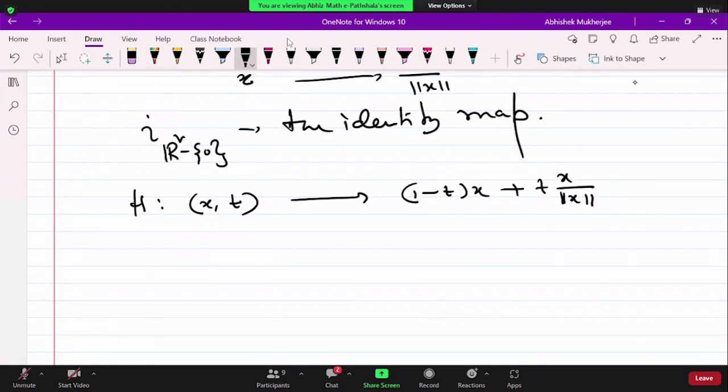And using this homotopy, you can say that the map J compose R is homotopic to the identity map.